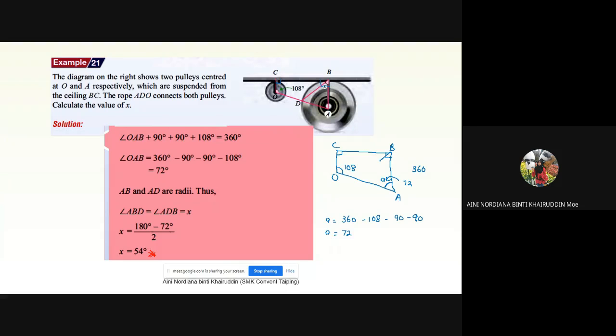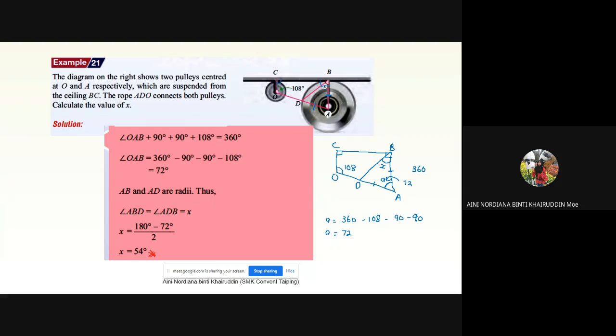Next, the value of X is here. Okay, this is D. As you can see, AD and AB both are radii. Center to circumference, center to circumference. So both are radii. Means ADB is an isosceles triangle.